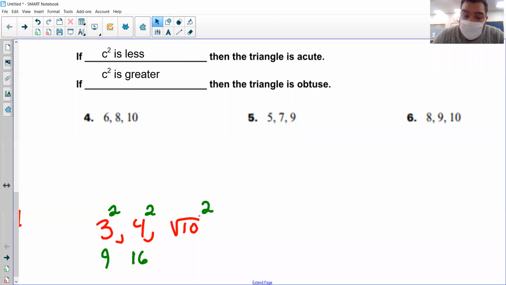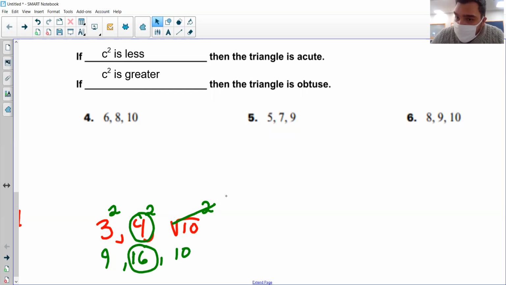And the square root of 10 squared, when you have a square root and a square, they cross out, so that means that is 10 overall. So now looking at them squared, which one is obviously bigger? That is the 16, which means that the 4 was bigger originally.